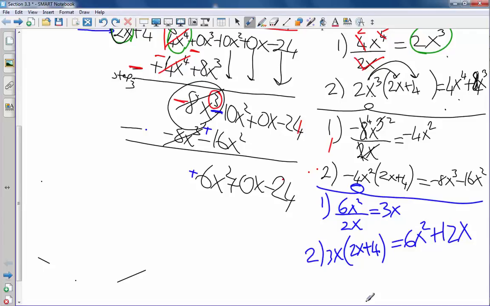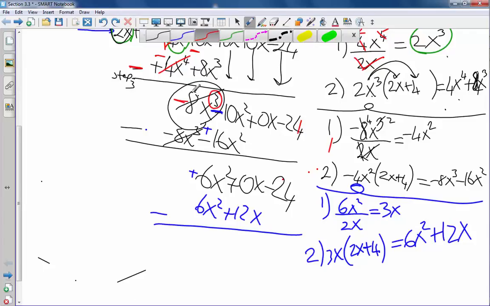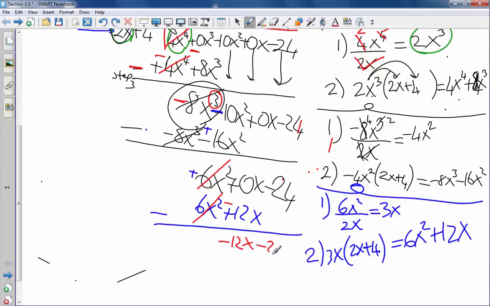Look, I forgot something. Nobody's warning me. Good. I don't care. I end up with a wrong answer. No big deal. What did I forget doing? Cancel. This is going to flip sign, become negative, and negative 12x, negative 24.